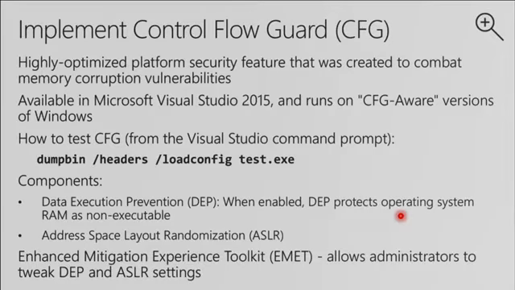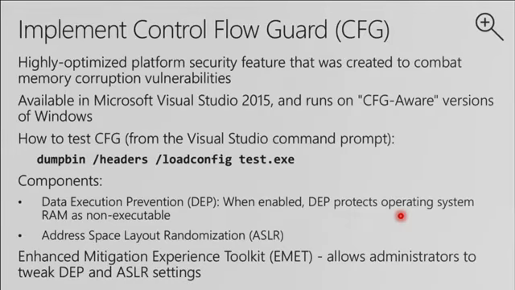But this is new: Control Flow Guard. Well, is it a feature of Windows Server 2016? Not actually. It's just an option to configure by developers in Visual Studio. When they are going to configure the apps to run, if the application is going to run on CFG-aware versions of Windows, including Windows Server 2016, they should include this option.